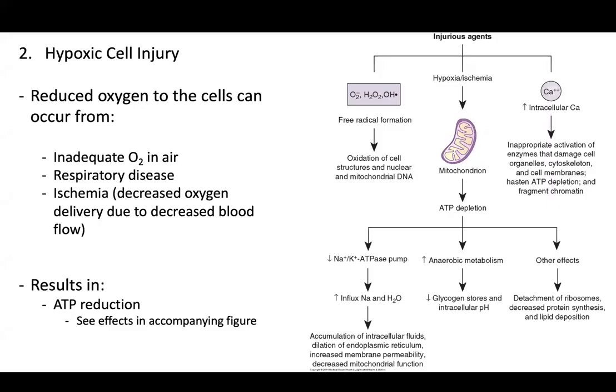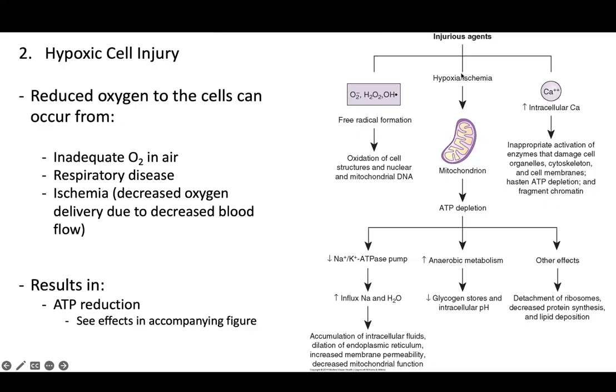Oftentimes, this is going to be related to either inadequate oxygen in the air, it could be an issue with lung disease that doesn't allow us to uptake oxygen into our bloodstream, or it could be that a blood vessel is blocked off and a particular part of the body isn't getting oxygenated blood. In that case, we actually refer to that as ischemia. It's decreased oxygenated blood flow to a particular part of the body. So it's hypoxia as a result of reduction in oxygenated blood flow.